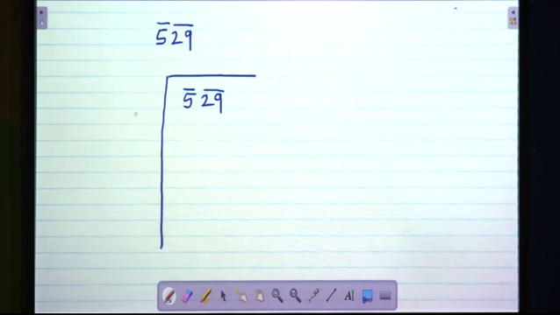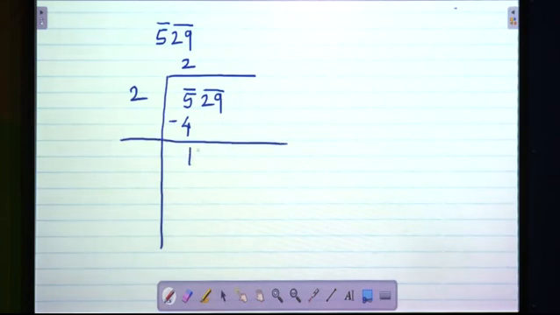One group is this and one more group is only 5. Now, when we are considering 5, the nearby square to 5 is 4. So, 2 square, that is 2 2s are 4. 5 minus 4, remaining is 1.